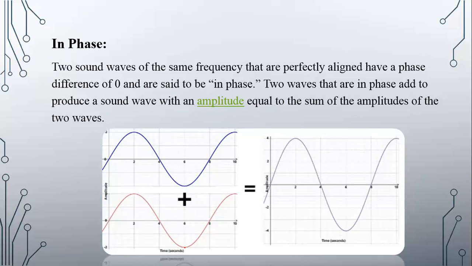When they combine, they produce a resultant wave of greater amplitude, because they are supporting each other. This is the result when both waves are in phase. They have zero phase difference, so the resultant is a wave with greater amplitude.